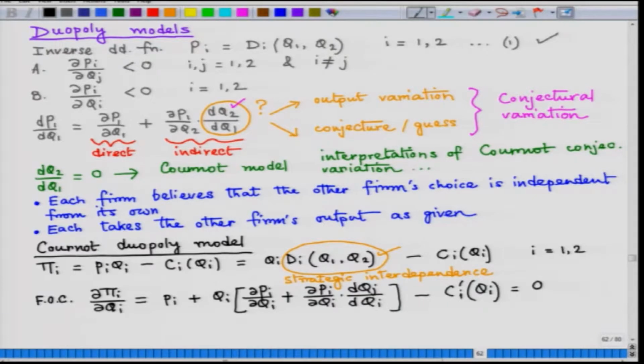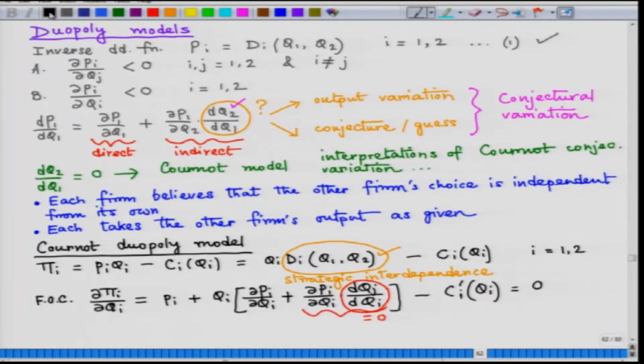Now, note that if we are in a Cournot model setup, then we assume the conjectural variation, which is this element, plays no role because it takes 0 value, right. So, this entire expression basically disappears, right.